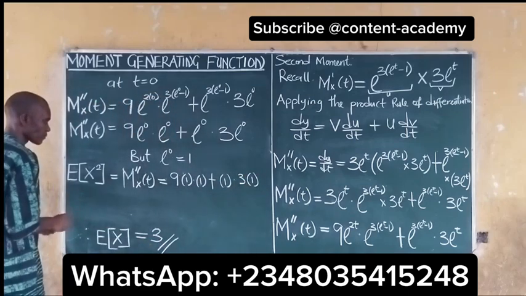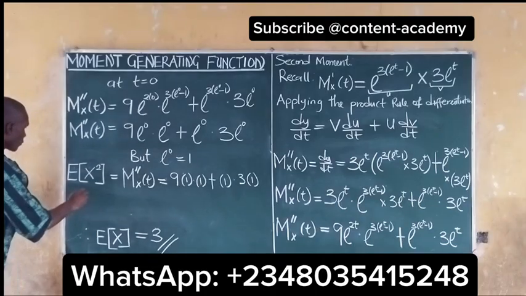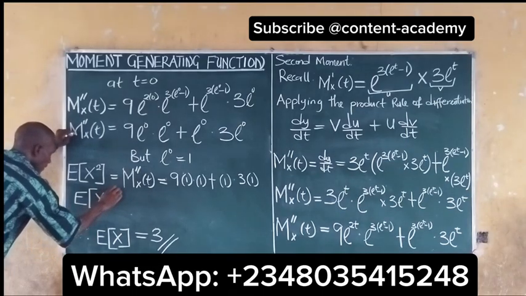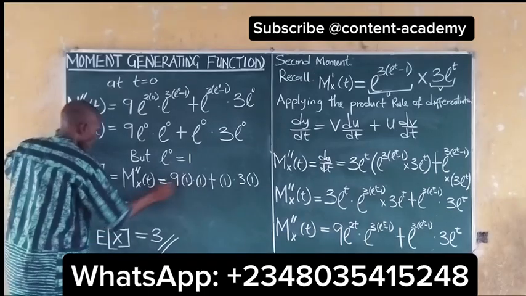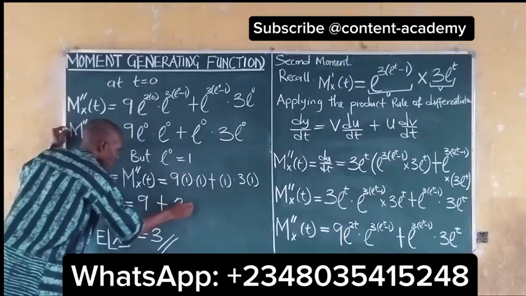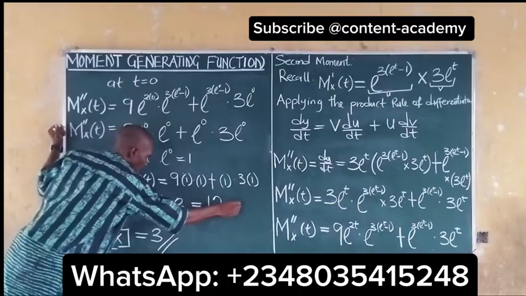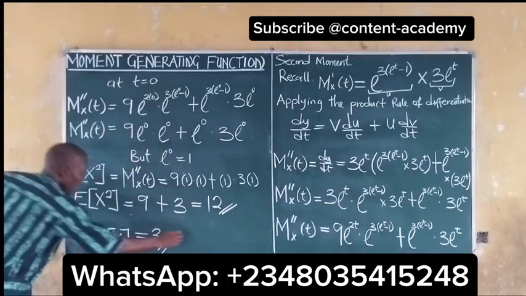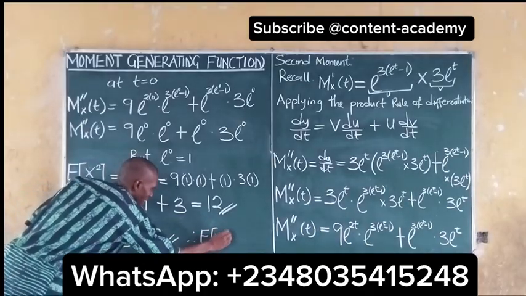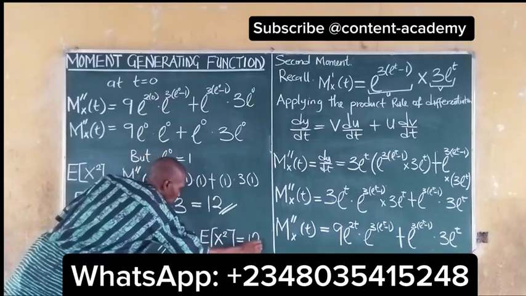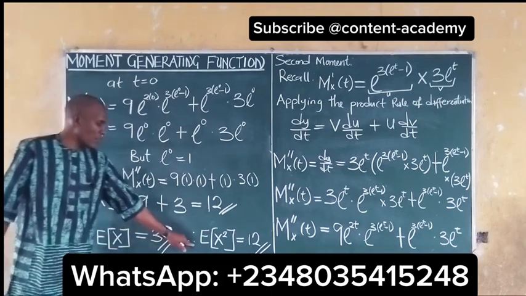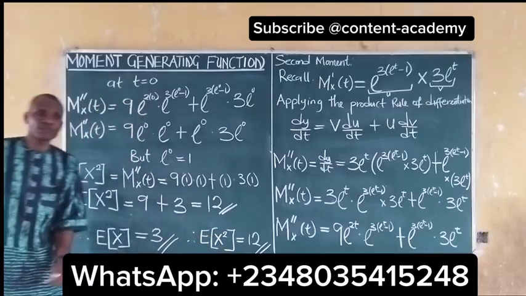So our expected value of x squared is equal to 9 multiplied by 1 is 9, plus 1 multiplied by 3 is 3, which is equal to 12. Therefore our expected value of x squared is equal to 12. So the expected value of x is 3 and the expected value of x squared is 12.